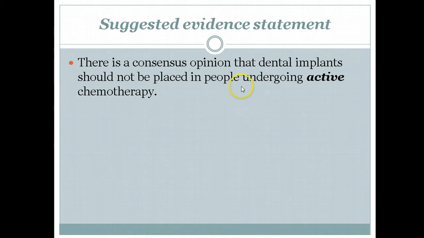But by no means is it indicative of literature where that's an absolute contraindication. If somebody has had chemotherapy done in the past, we feel there is no clinical evidence against it per se, but we do recommend to wait or watch out if they're actually on active chemotherapy.